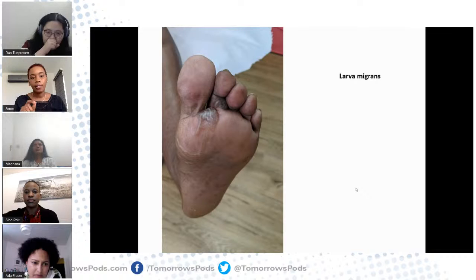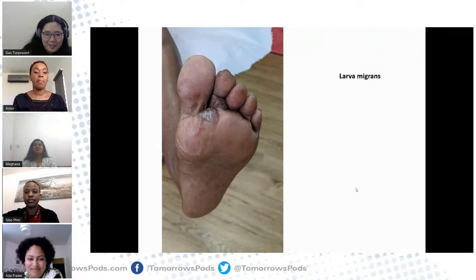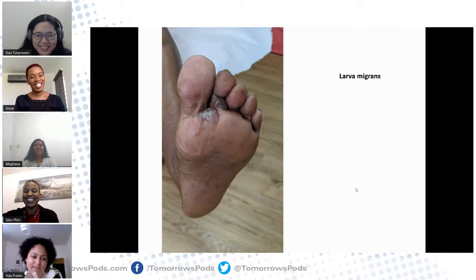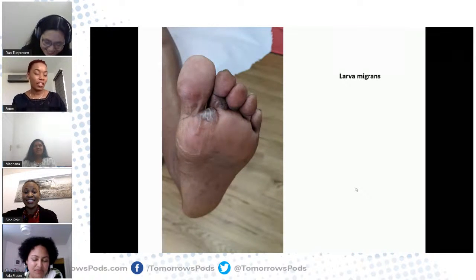And if you look at it very carefully, you can almost see stuff moving in it. It's quite interesting to see. What kind of stuff? I guess it's larva migrans, so that would be the larvae moving around.